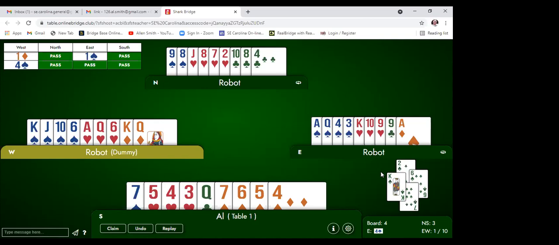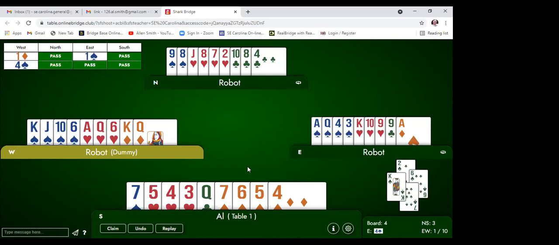Now, as it turns out, they have the ace, king, queen of hearts, so they have no heart losers. They've got the 9 of clubs, which they can ruff in West's hand, and they have the ace of diamonds. They're going to draw the last 2 trump, and they're going to make the contract by taking 10 tricks.